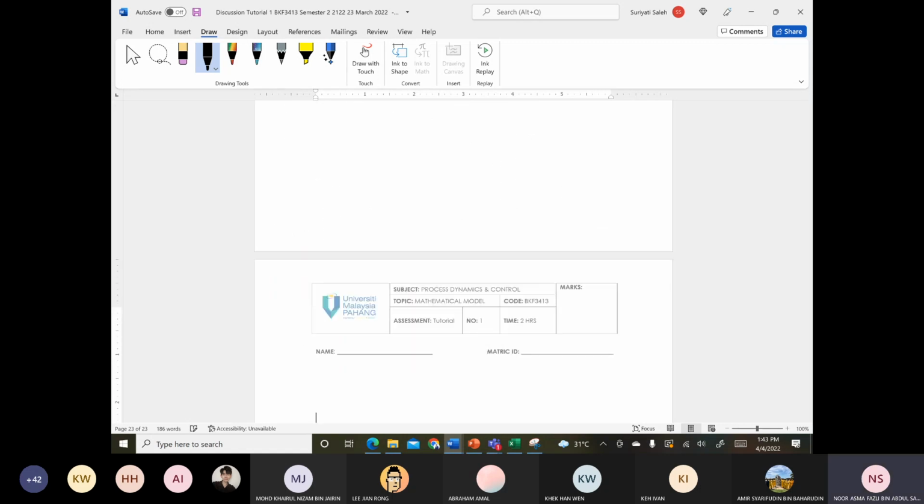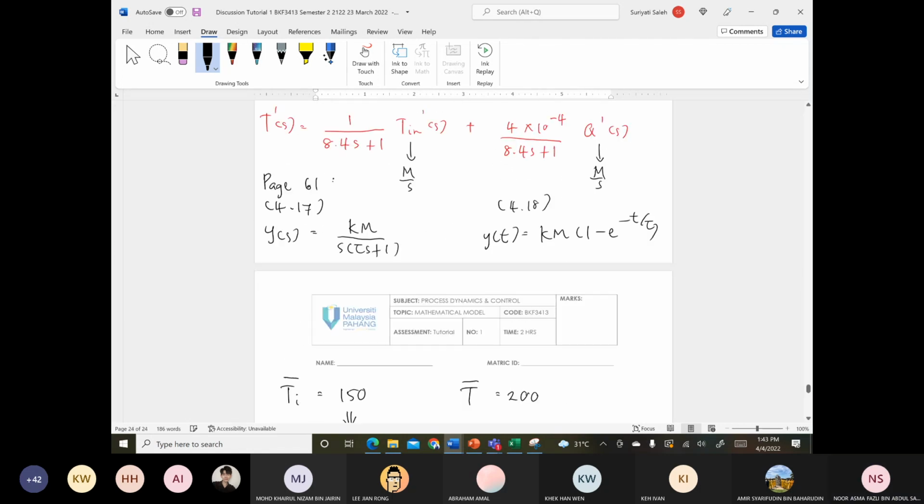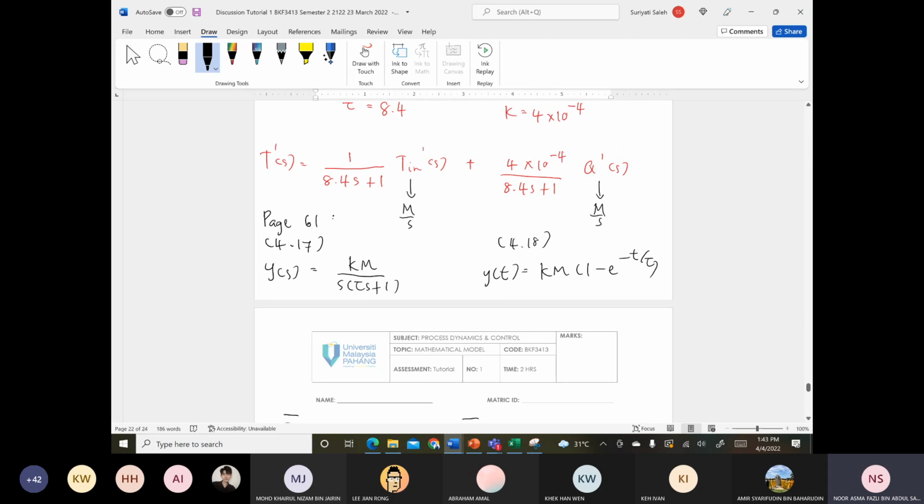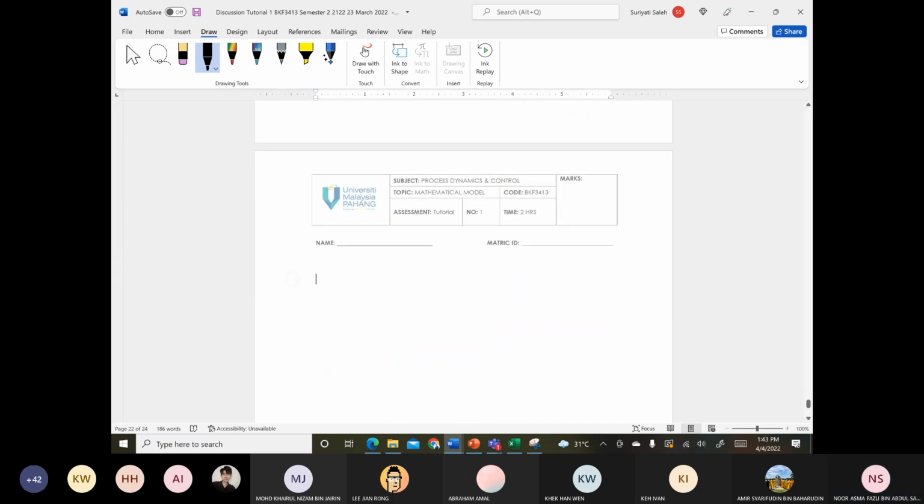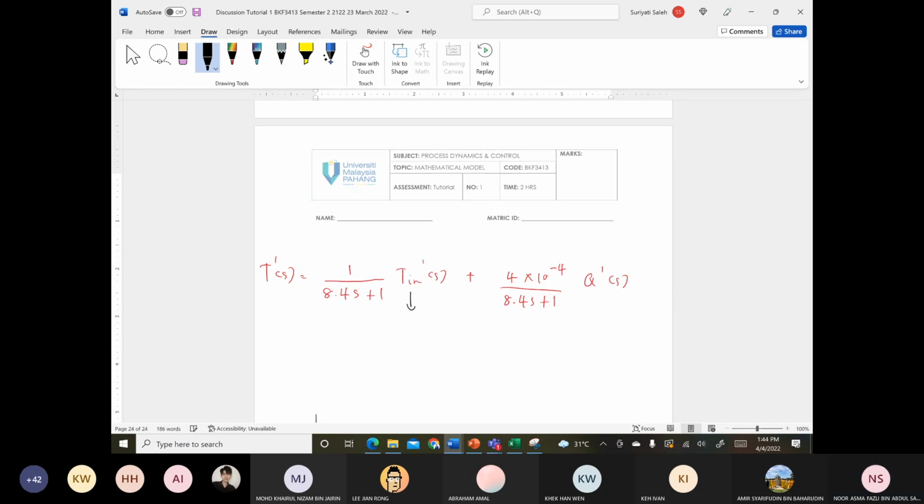So here I already have the magnitude. So I know that this one is based on the first order. So what happens next is to translate it into time domain. So this is my Laplace. If I translate it, I do the inverse Laplace.